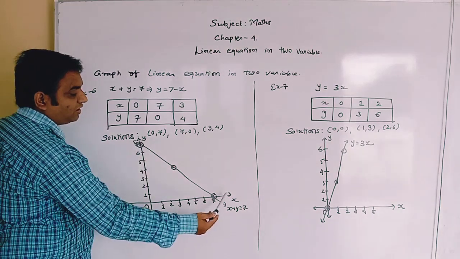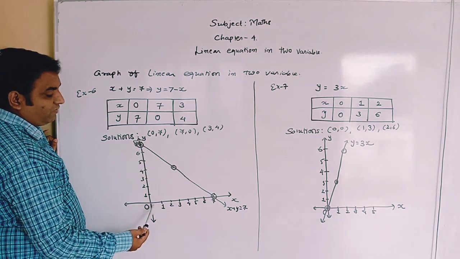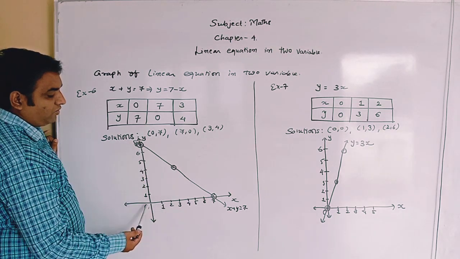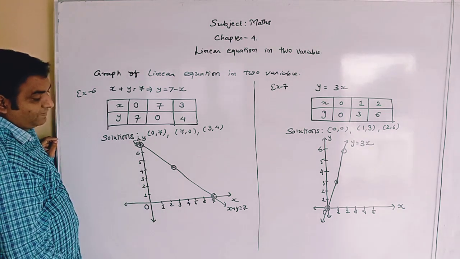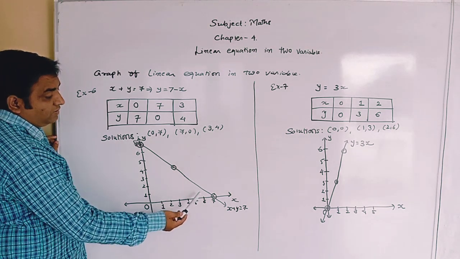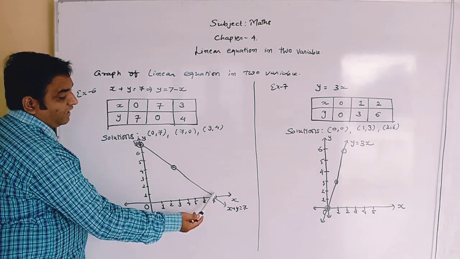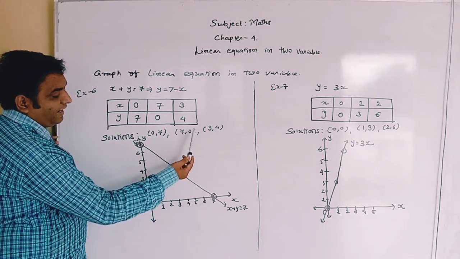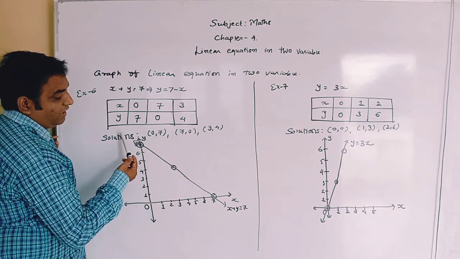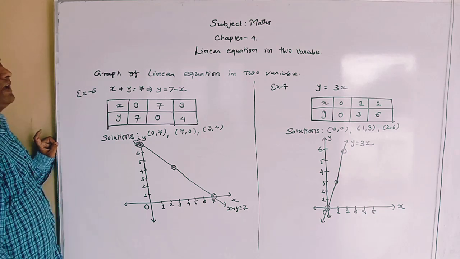First draw the horizontal line as the x-axis and the vertical line as the y-axis, and take 1 unit equal to 1 number on both axes. Then mark the points: x 0 with y 7, x 7 with y 0, and x 3 with y 4.